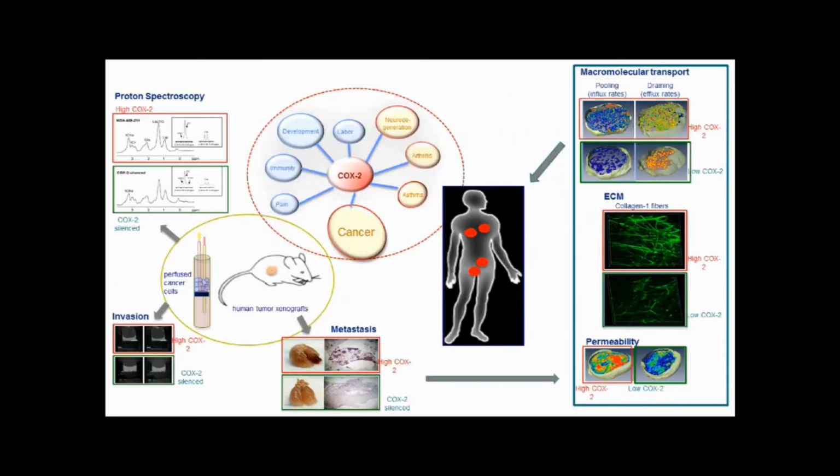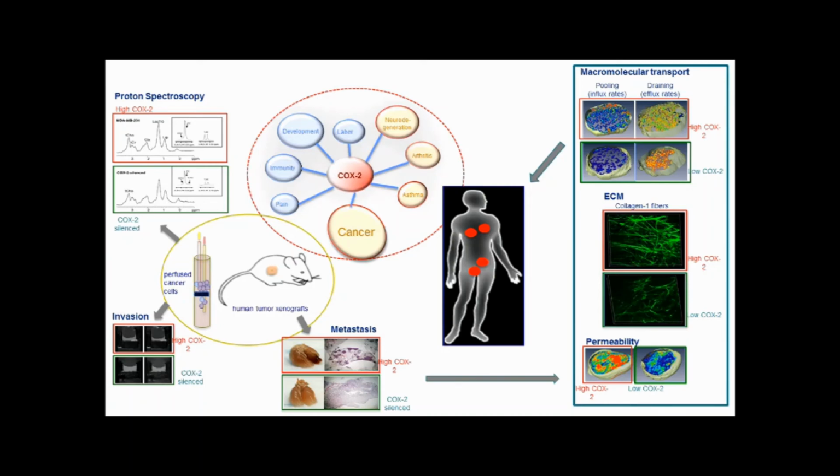So this is a slide that I have up here just to show that, earlier we saw that tumors are so heterogeneous, but here now one enzyme controls so many different things. For instance, it significantly reduces metastasis, it reduces the ability to degrade matrigel, it alters metabolism, it changes permeability, it changes collagen fibers, and changes macromolecular transport.